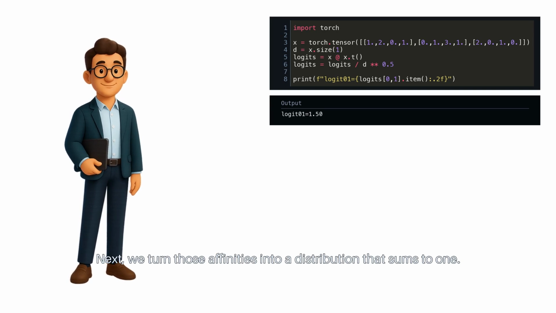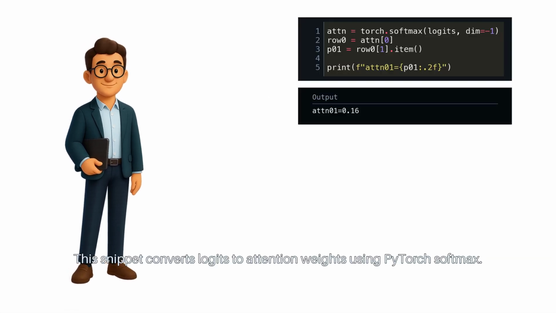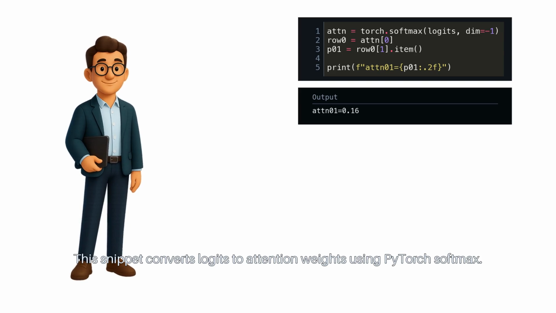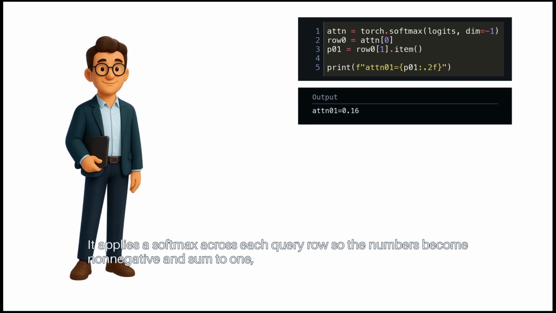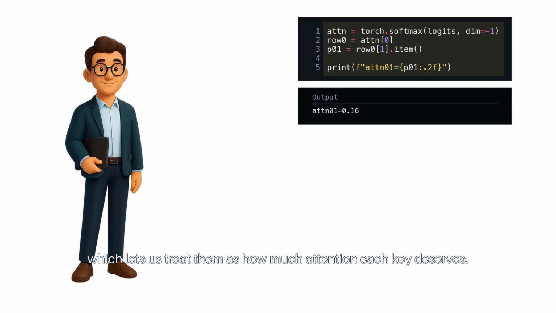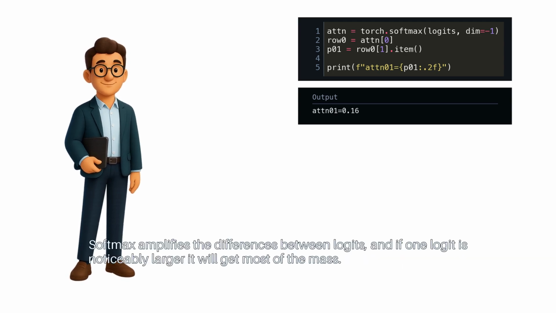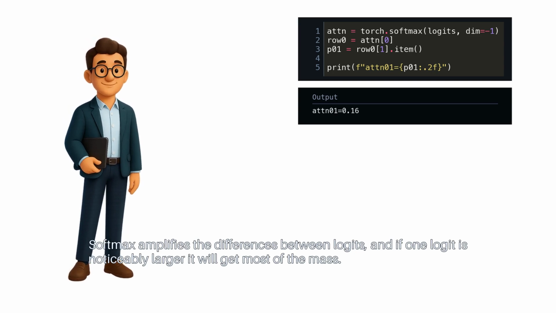Next, we turn those affinities into a distribution that sums to 1. This snippet converts logits to attention weights using PyTorch softmax. It applies a softmax across each query row, so the numbers become non-negative and sum to 1, which lets us treat them as how much attention each key deserves. Softmax amplifies the differences between logits, and if one logit is noticeably larger, it will get most of the mass.